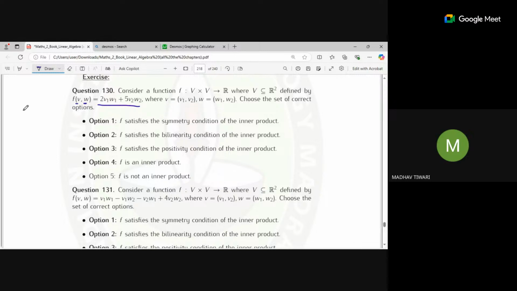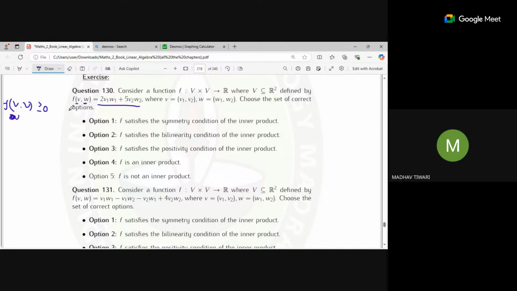So the first property is that if you take the inner product of V with itself, f(V, V), it should always be greater than or equal to 0.